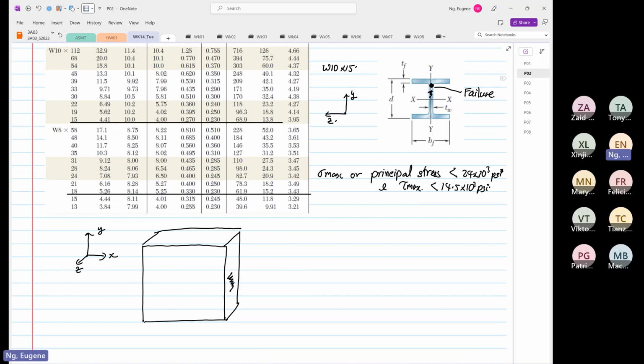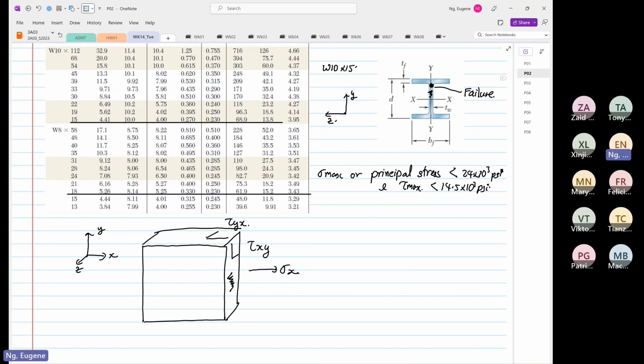I want you to draw your attention to that. So now we want to determine what is our stress X, and we also want to determine what is our shear XY and our shear YX. Okay, now we're good.